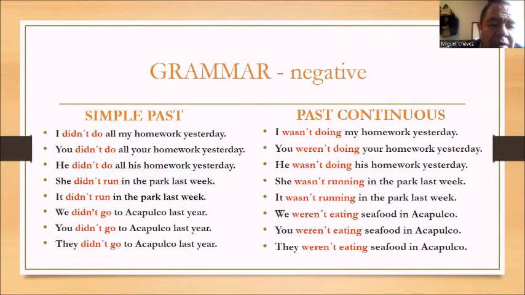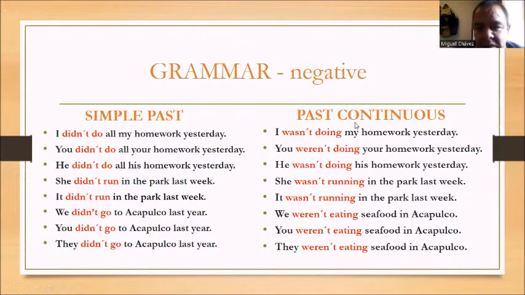But remember that the main verb is going to be in present. Let's check the examples. I didn't do. You didn't do. He didn't do. She didn't run. We didn't go. See that after the auxiliary verb in negative, we have the main verb in simple form or present.